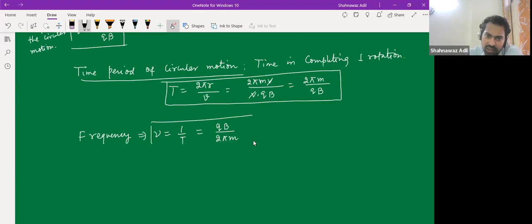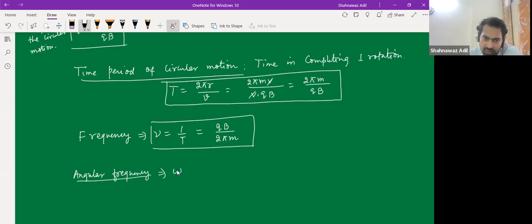And then the last thing is the angular frequency, omega, which is 2 pi times qB by 2 pi m.